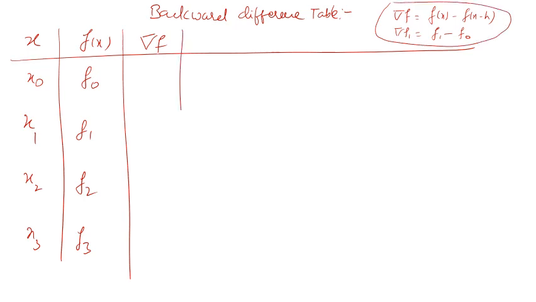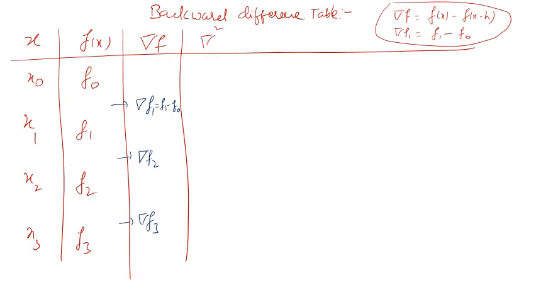So the first backward difference, right in between these two, what is this? Del f1, and this is del f2, and this is del f3. For your idea, I am writing this is f1 minus f0. Similarly del f2, similarly del f3.